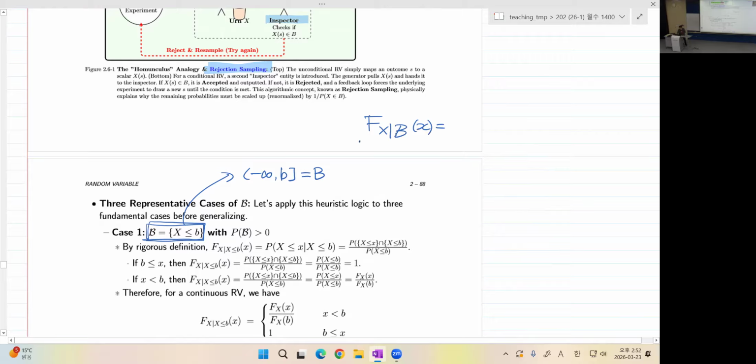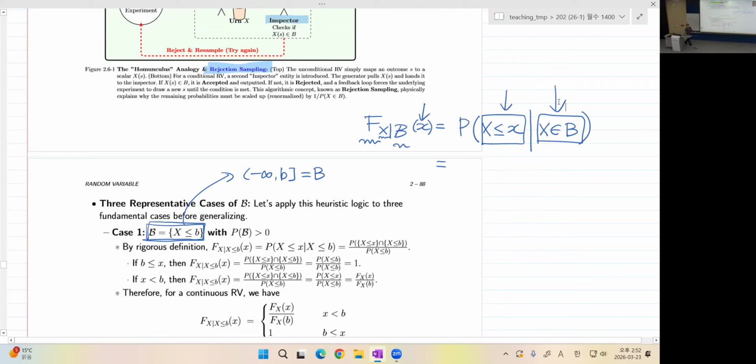The CDF is defined as the probability of the event that capital X is less than or equal to this argument x. Now, we have a condition. You may put calligraphic B, or you may write X in the Borel set B. So it's nothing but the probability of this event given that event.